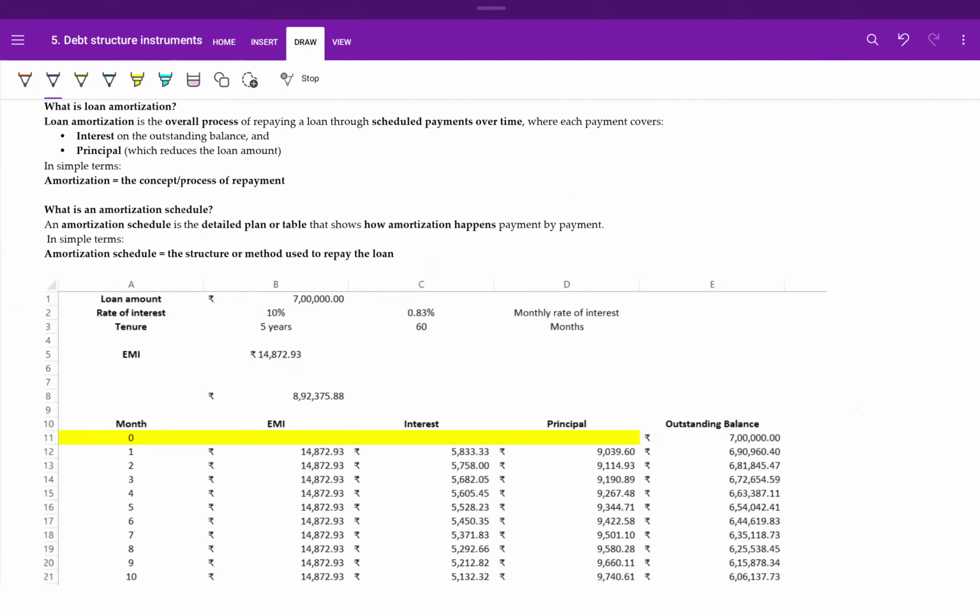There are different types of debts also: Type A, Type B, revolvers, and then senior subordinate, junior subordinate, mezzanine, and investment grade, and there are high yield bonds.